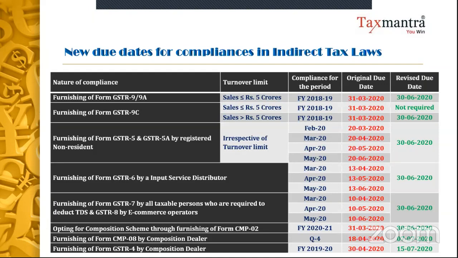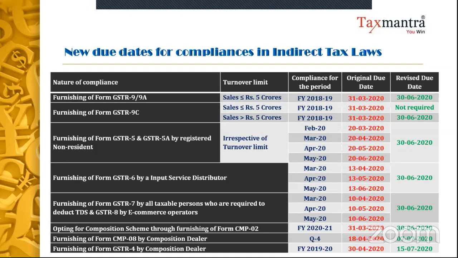There is no turnover limit, but it is a monthly return filing for the months of February, March, April, and May. The earlier due dates were 28th of March, 28th of April, 28th of May, and 20th of June. Now it has been extended to the 30th of June.